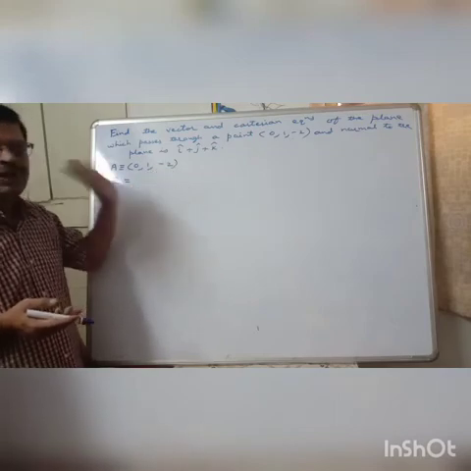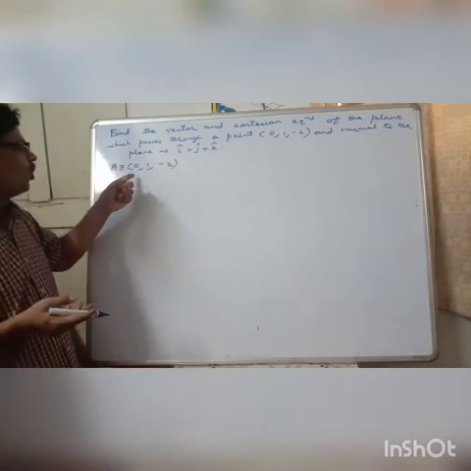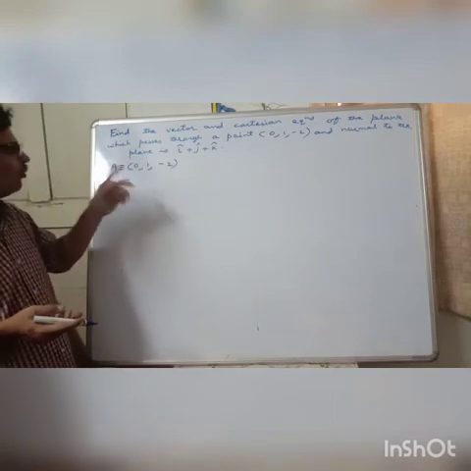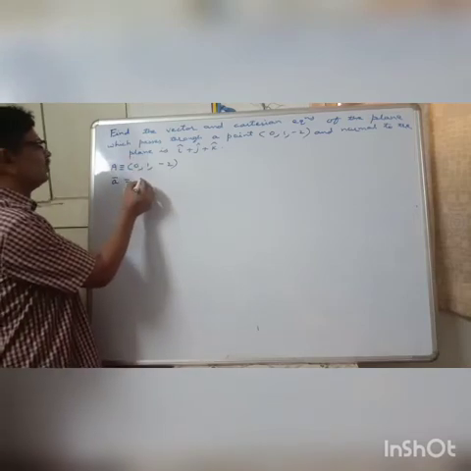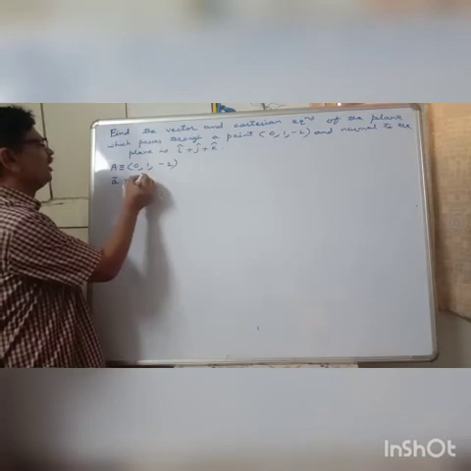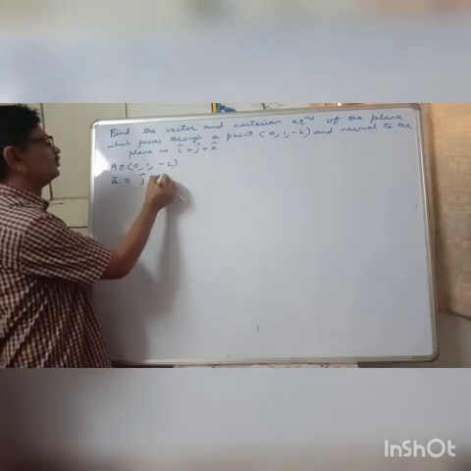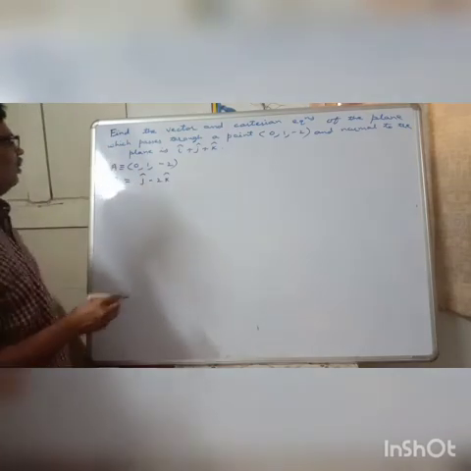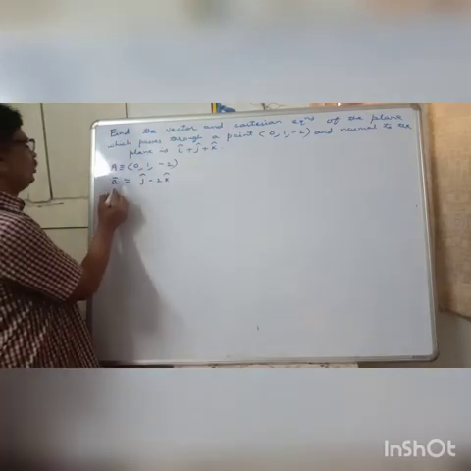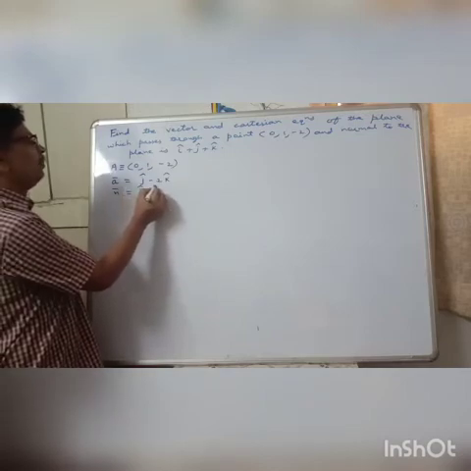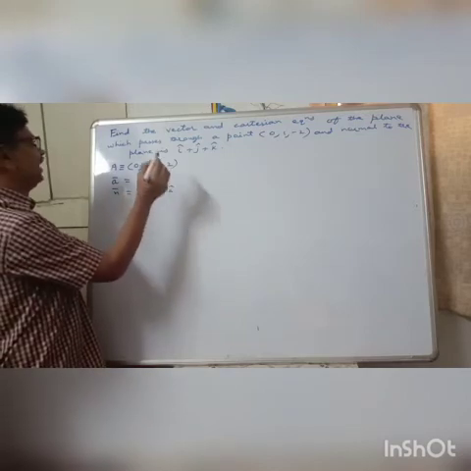Z coordinate, coefficient of k. 0 i, so we need not write term of i. 1 into j, so coefficient 1, not necessary to write. Minus 2 k. Vector normal to plane is given, n bar, i cap plus j cap plus k cap.